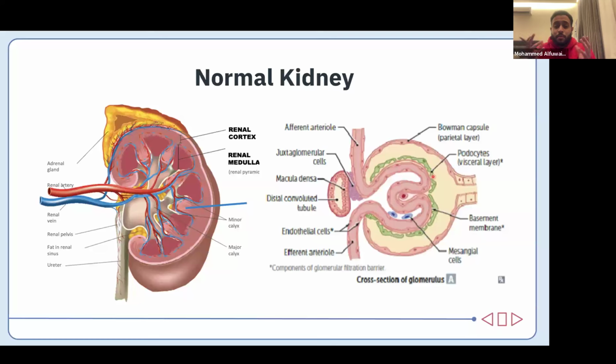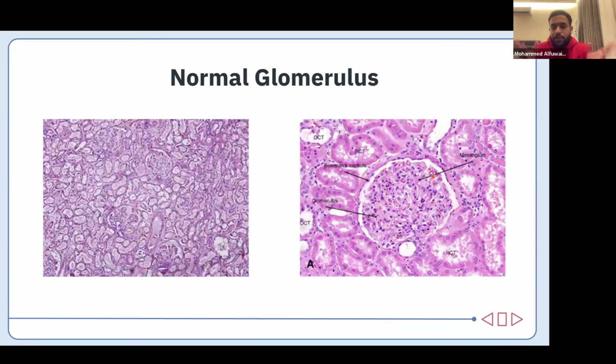This will cause molecules that we don't want in the urine to go into the urine. Tamam? Now, when we have these two sets of diseases, we need to have a way of diagnosing it. The gold standard way, usually, however, it's not usually used nowadays, is kidney biopsy. Why do we need kidney biopsy? It's to just see what's happening in the kidneys, okay?